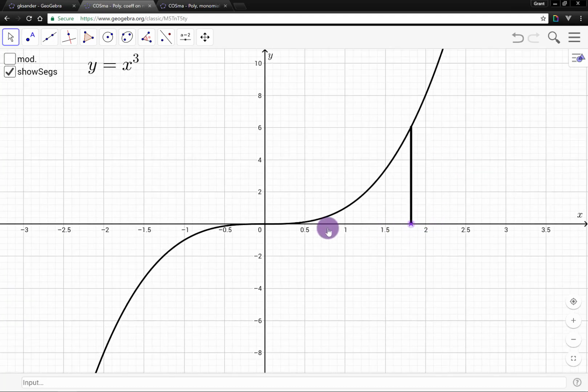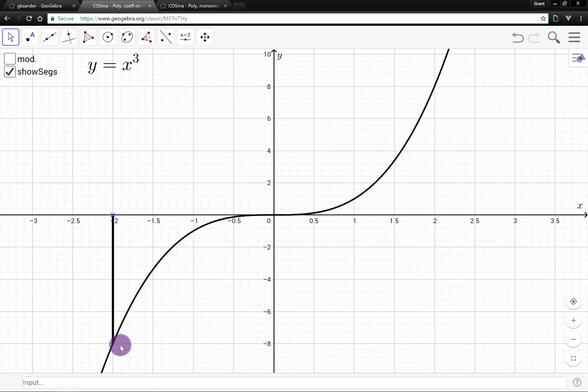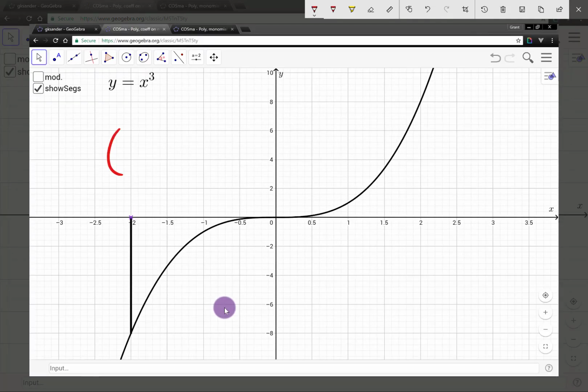On the other hand, when x equals negative 2, then y, which is equal to x cubed, will be equal to negative 8. And this is because negative 2 cubed is equal to negative 2 times negative 2 times negative 2.